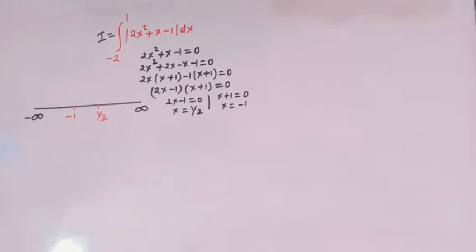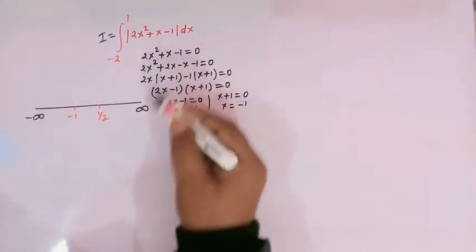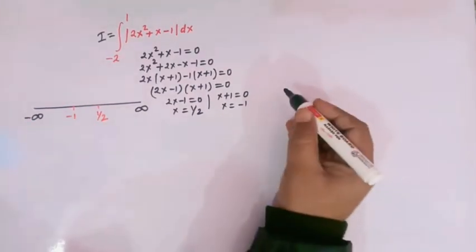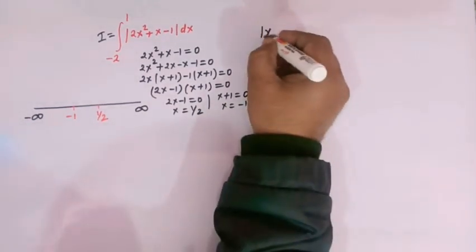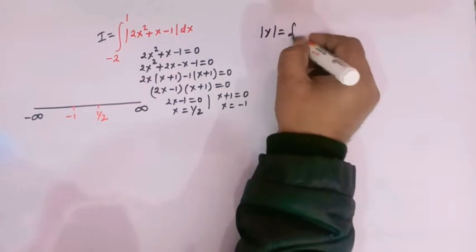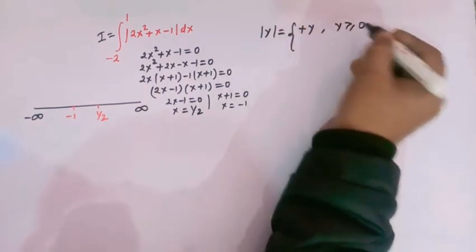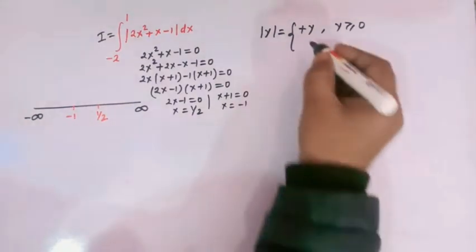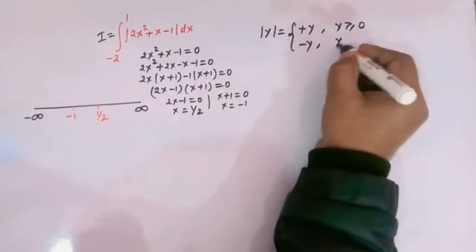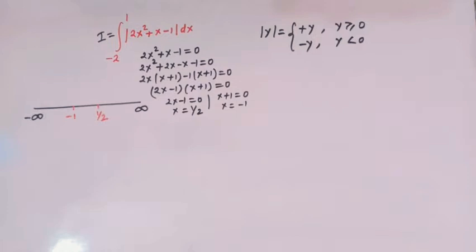Now let us make use of the definition of the absolute value function. We know that |y| = y whenever y ≥ 0, and −y whenever y < 0.